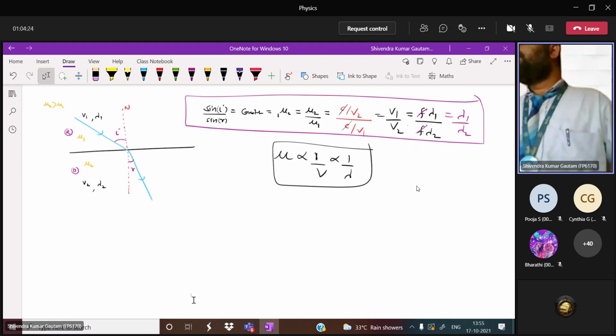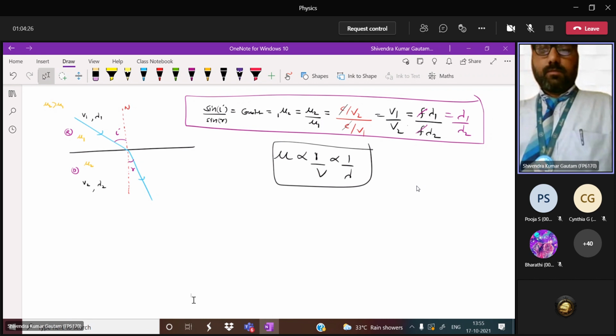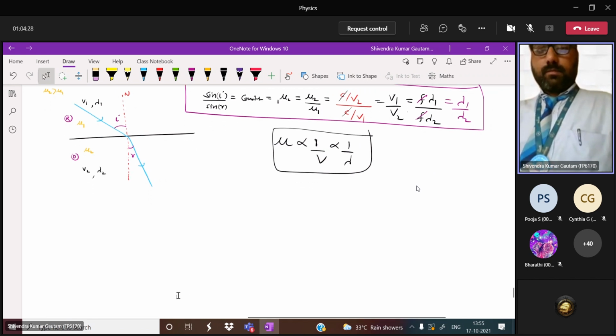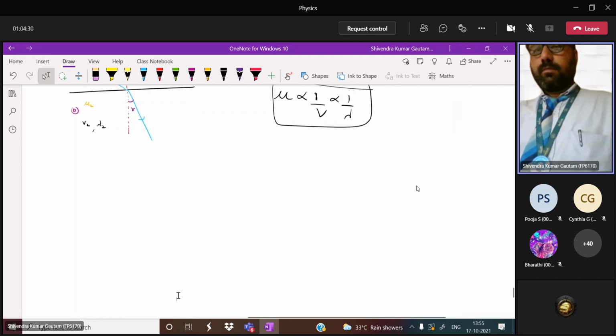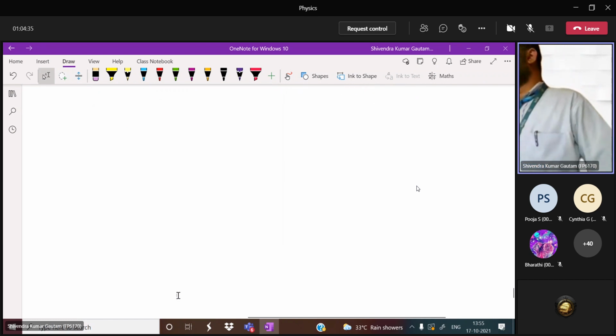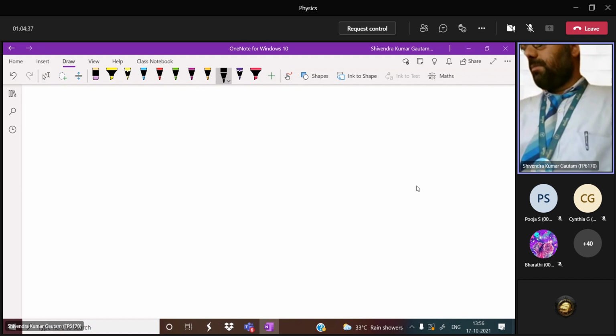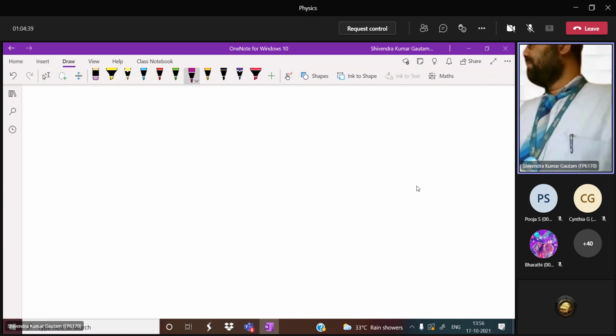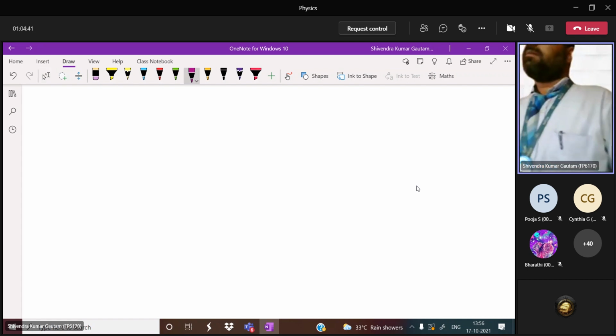Completed, everybody? This is nothing but the law of refraction, right? Part of the law of refraction. Now, one more point I want to discuss. After that, we'll start applications of refraction.